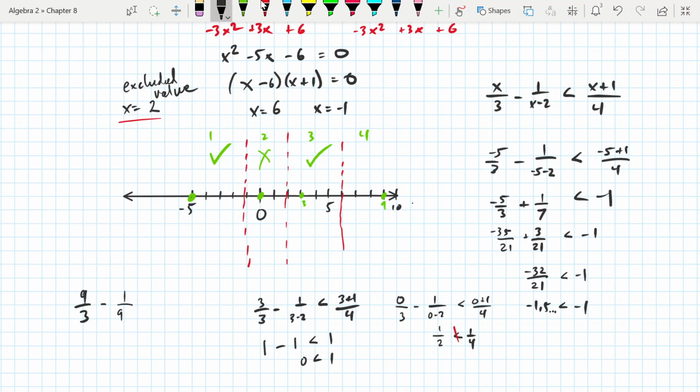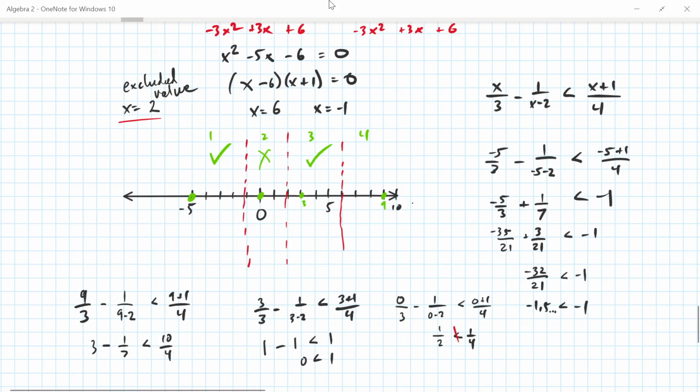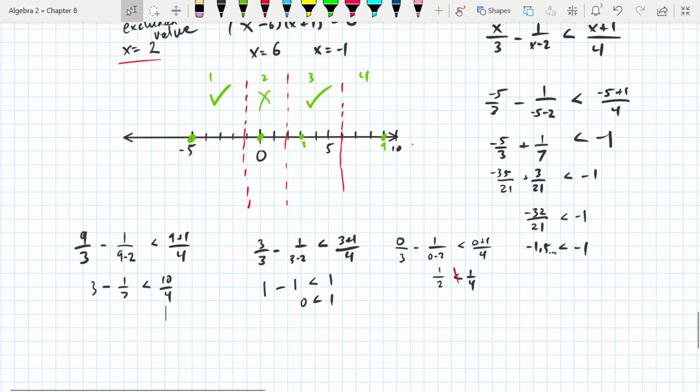1 over 9 minus 2 is less than 9 plus 1 over 4. So this is 3 minus 1/7. Is that less than 10 divided by 4? All I've got to do is look at the decimal values of that. 10 divided by 4 is 2.5.